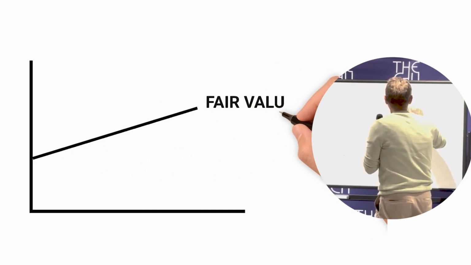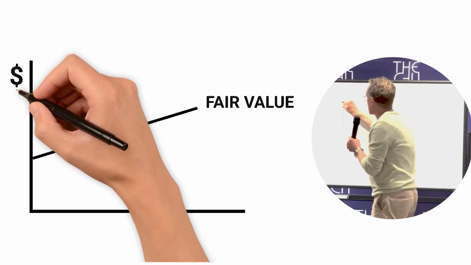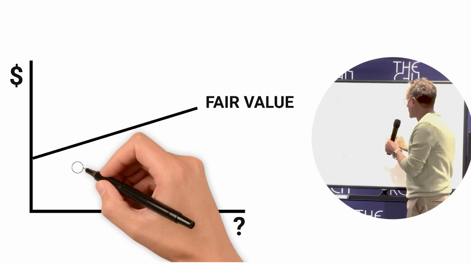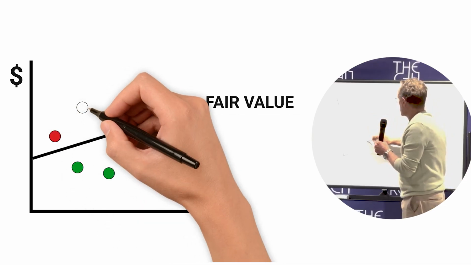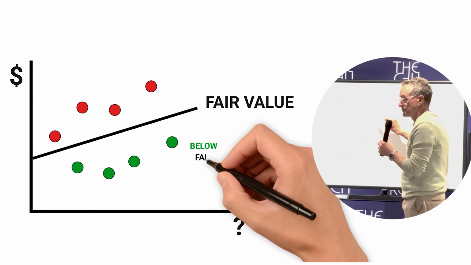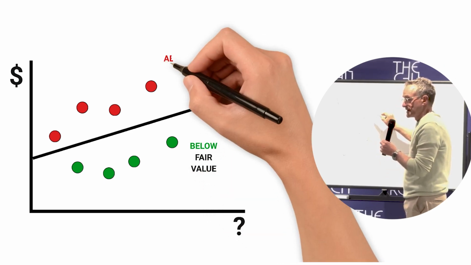This is dollars. I'm not going to tell you what this is right now, but securities are priced like this. So some are below fair value and some are above fair value.